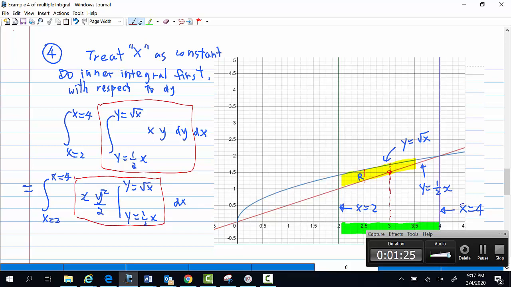Put in the limit, then you get x from 2 to 4, and then x times square root of x squared over 2 minus x times half of x squared over 2.